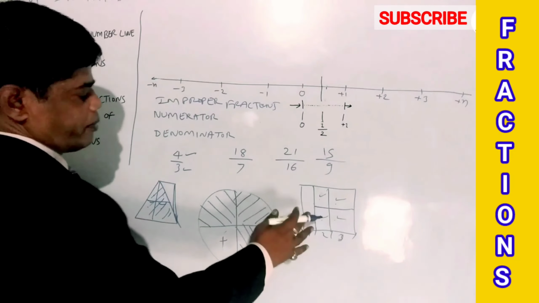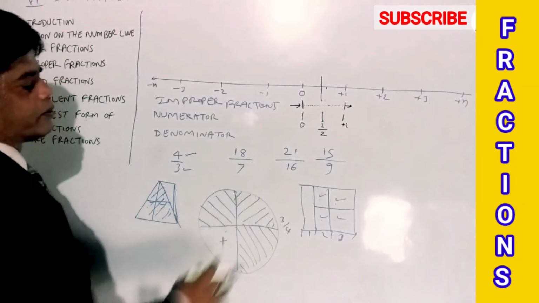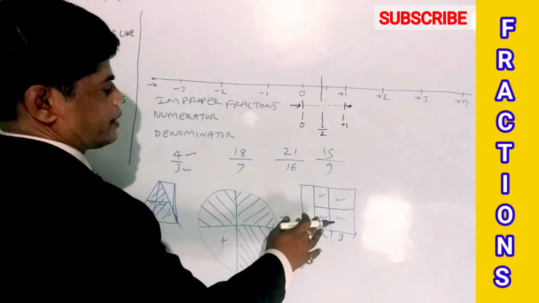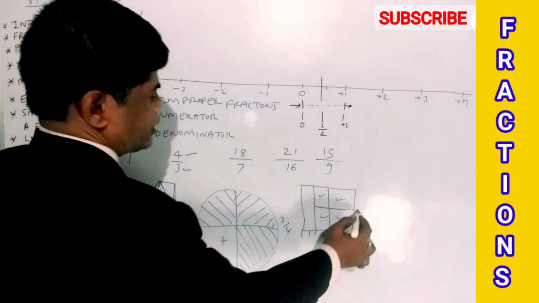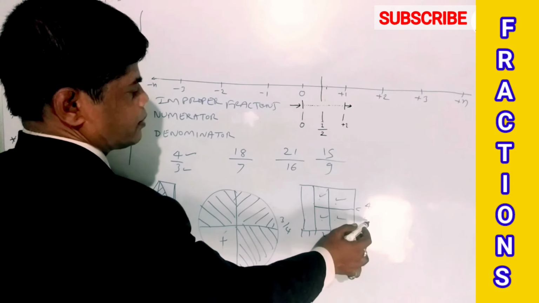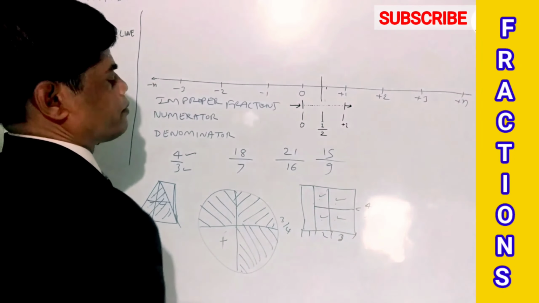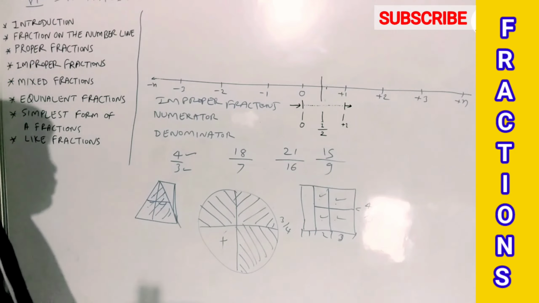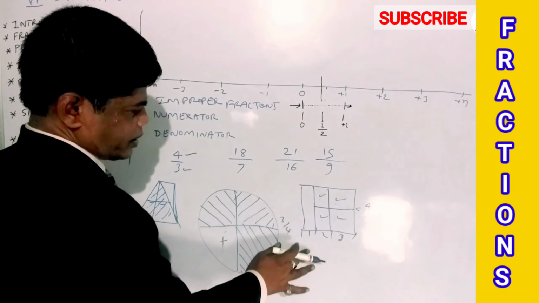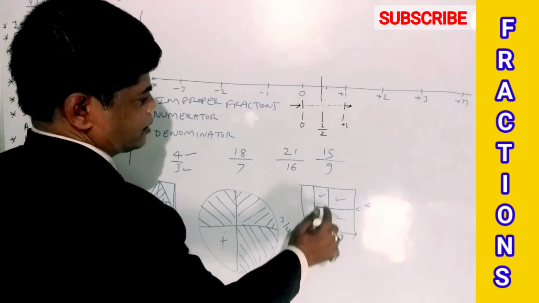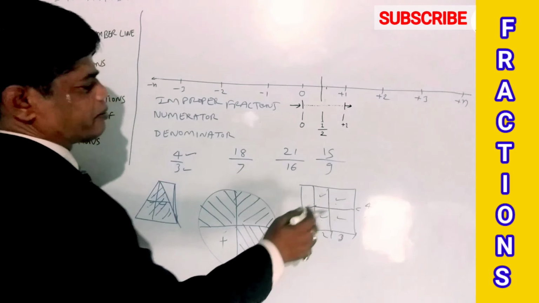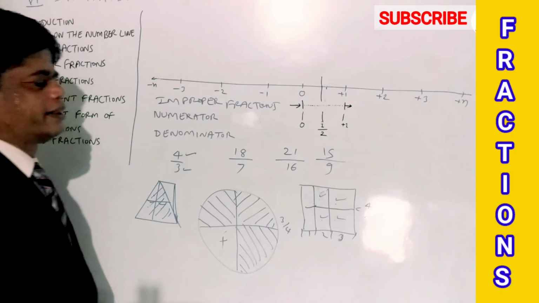Means you have made this circle into this sheet or square, again divided as per the requirement, and finally you are taking 4 out of 3. Or you can consider it like this also. It depends upon the requirement.